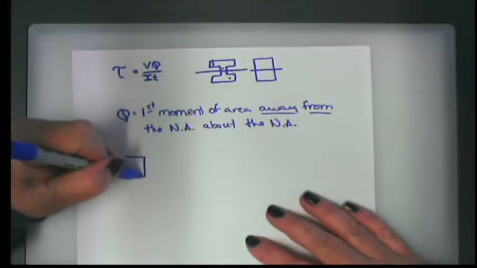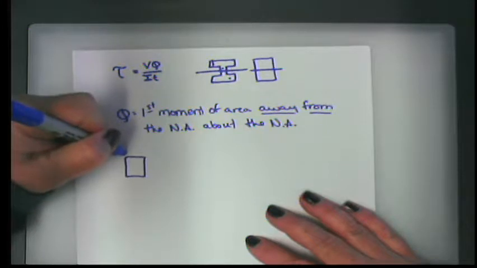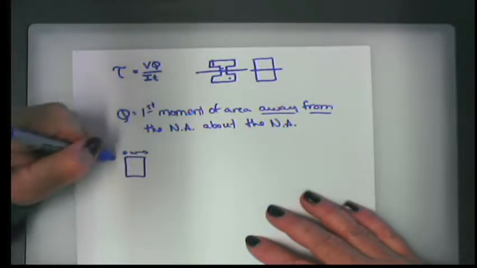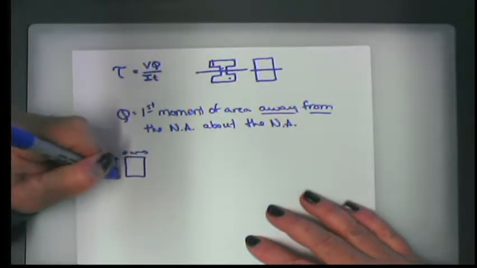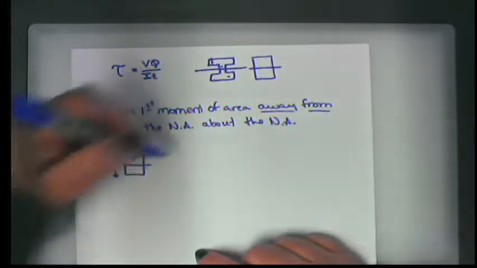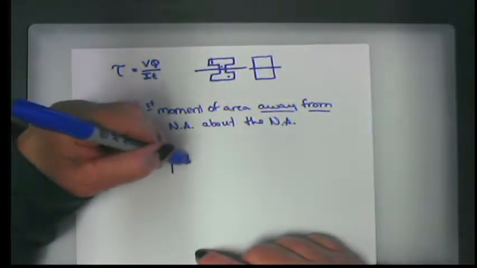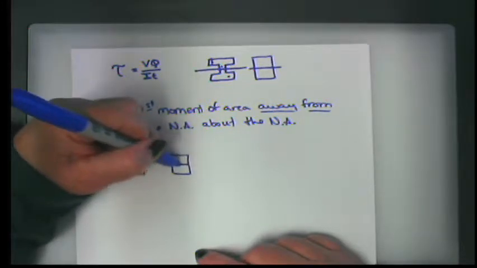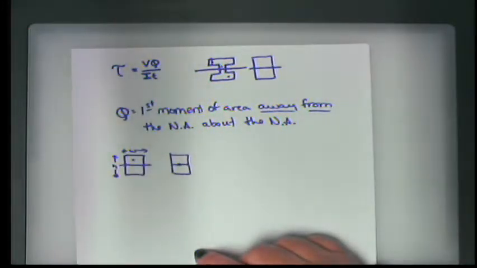For a rectangle, if we have a width of W and a height of H, first of all I'm going to start with what is the tau on the neutral axis, right on the neutral axis itself.